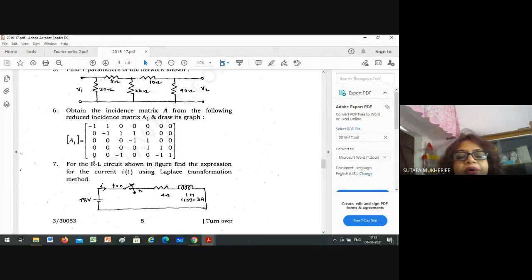It will be 0 or 1 or minus 1, nothing beyond this. But you have to remember that all the elements in this row, in the complete incidence matrix, if you add them, it will be 0. So if you want to get 0 in the corresponding column of the incidence matrix, then what will you put here? Again, what do you have to put here?